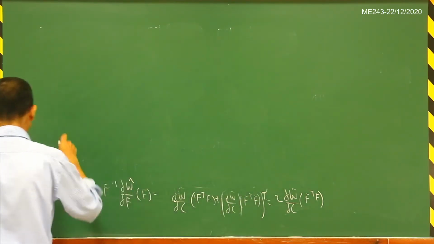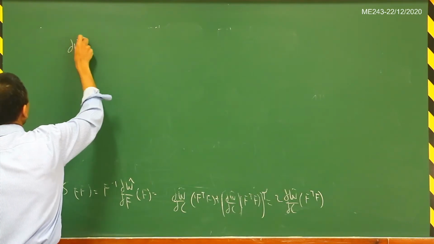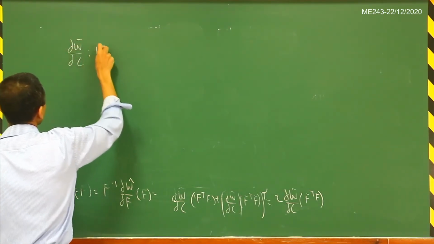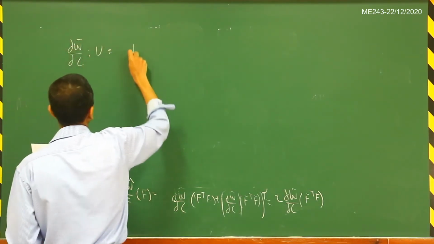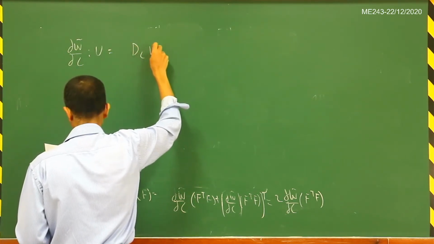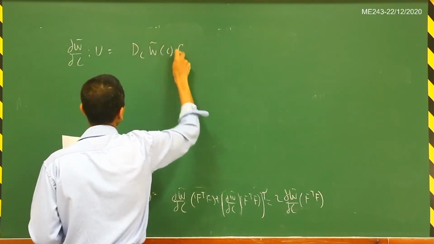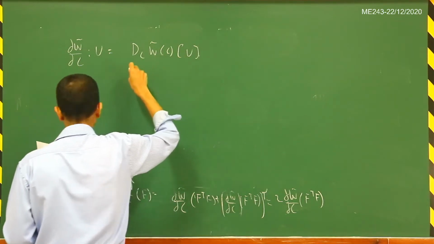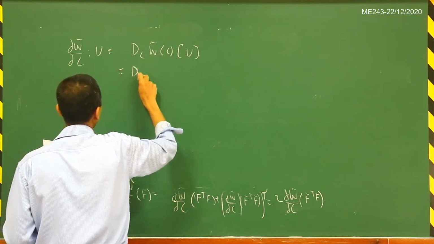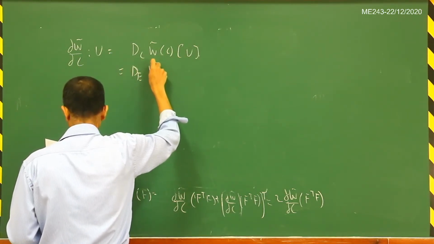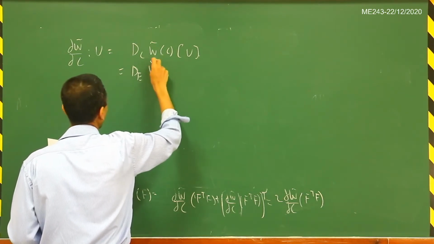Now del W tilde by del C in the direction of U is equal to D_C of W tilde of C in the direction of U. So that is equal to D_E of W tilde, or let me call it W check.